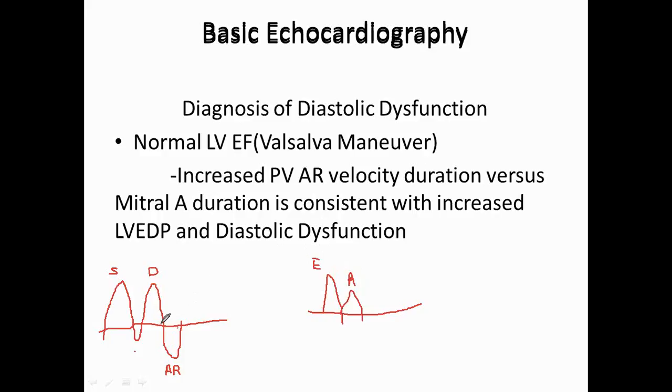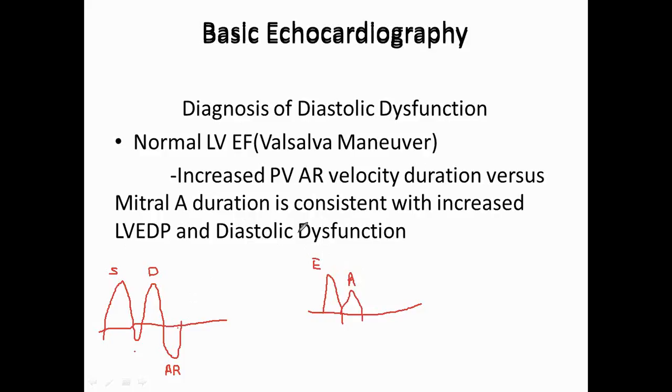So in the Valsalva maneuver, if you get an increase in this atrial reversal duration as compared to your mitral inflow, then that is consistent with the increased left ventricular end diastolic pressure and diastolic dysfunction. Okay? So that is what we're saying there with Valsalva maneuver.